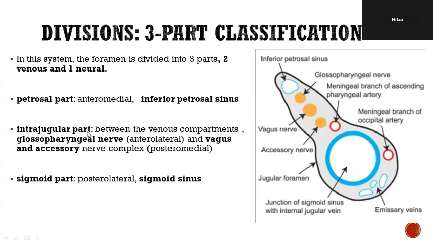Then we have the intrajugular or middle, neural compartment, which contains the neural complex, that is glossopharyngeal, vagus, and accessory nerve. Here we can appreciate clearly the glossopharyngeal, vagus, and accessory nerve. This is the meningeal branch of the ascending pharyngeal artery, which is traversing here. And then we have the sigmoid part, which is posterolateral, and it contains the sigmoid sinus, which is draining into the internal jugular vein.